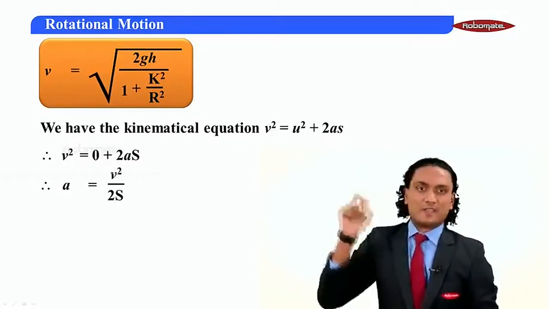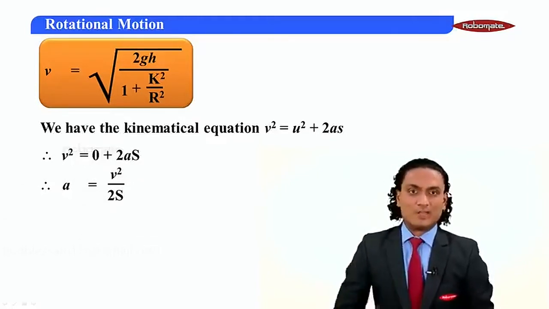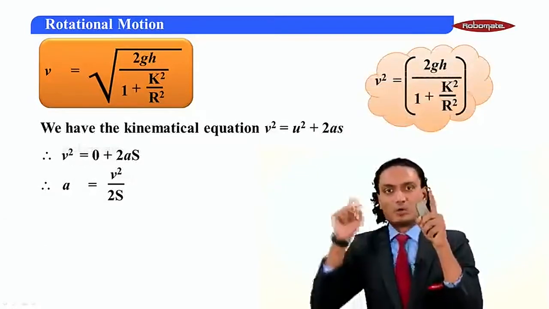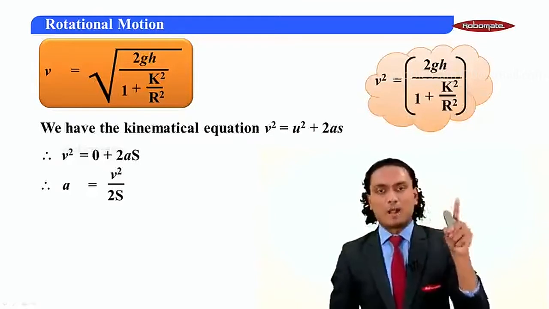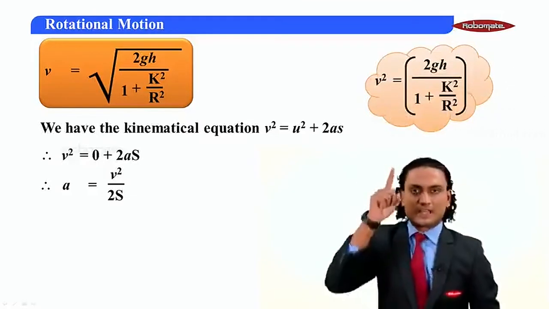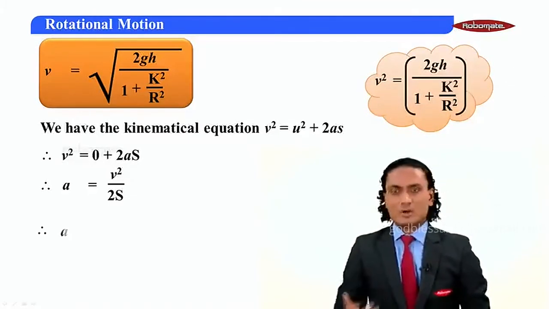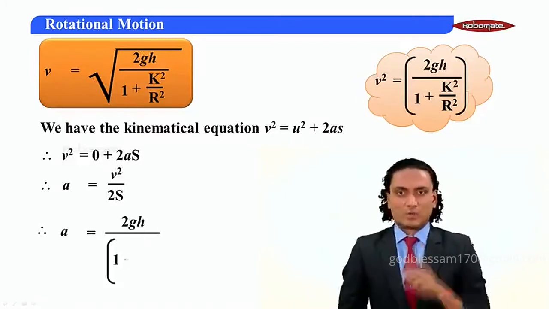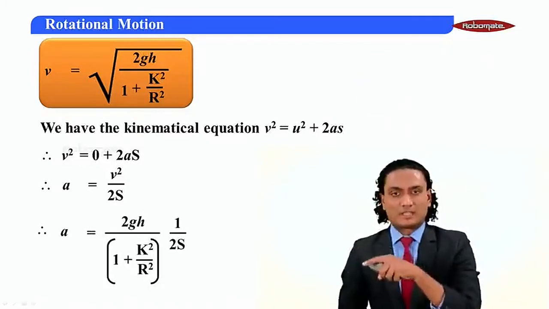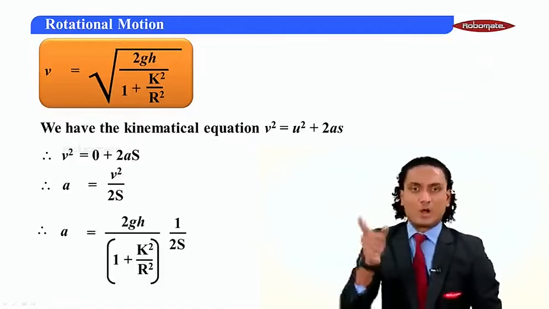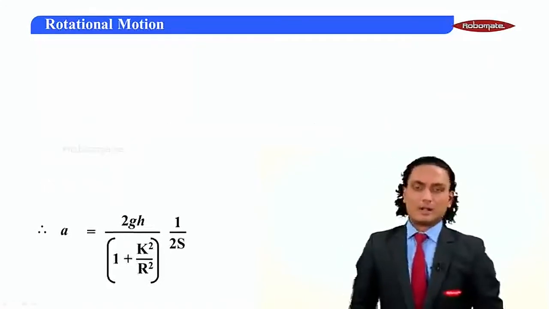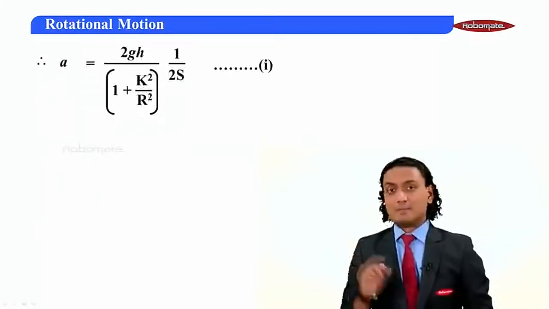V square will be 2gh upon 1 plus k square upon r square. Substituting, A will be equal to 2gh upon 1 plus k square upon r square into 1 upon 2s. Let this be my first equation.